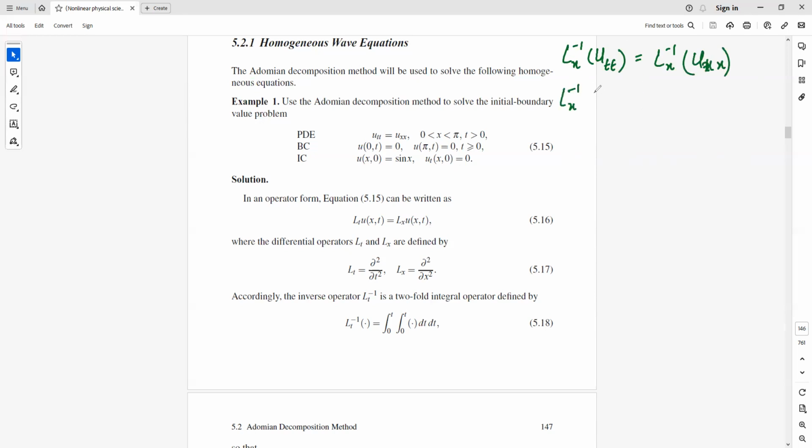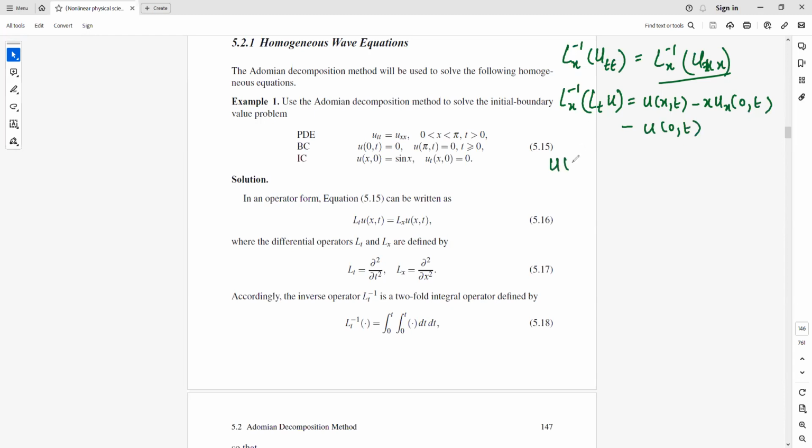Therefore, this we can write as Lx inverse LT u, and Lx inverse applied on this function gives u(x,t) minus x u_x(0,t) minus u(0,t).